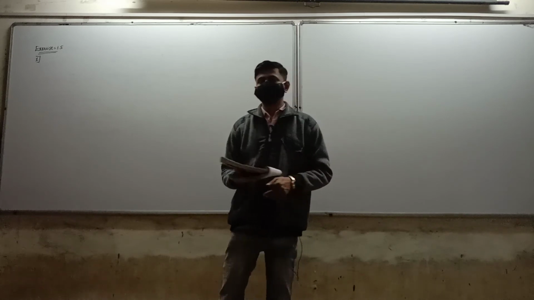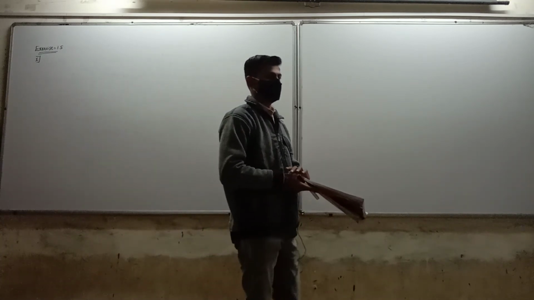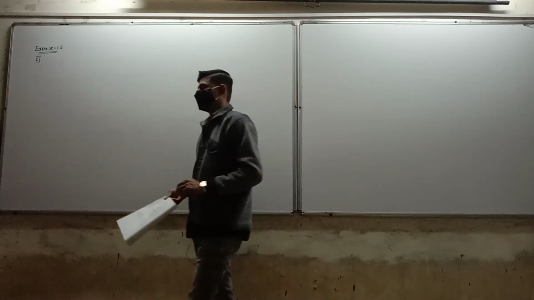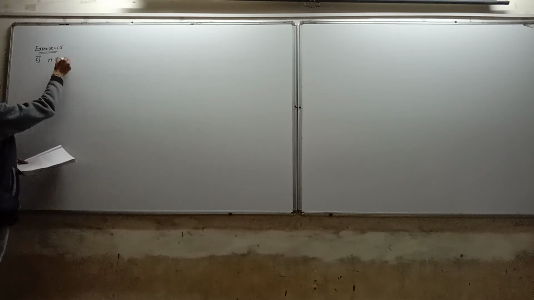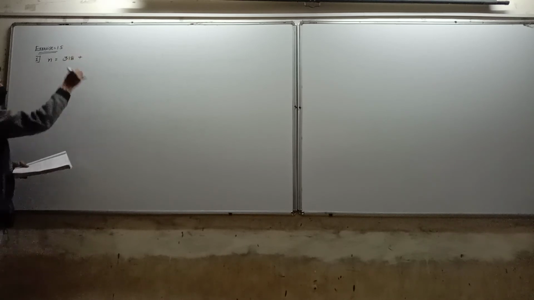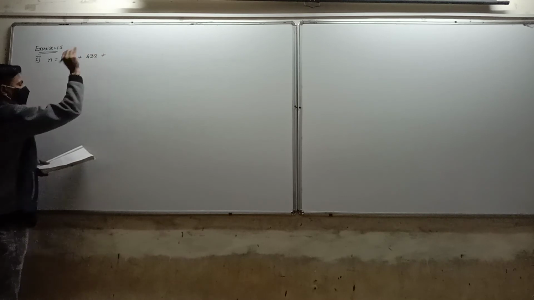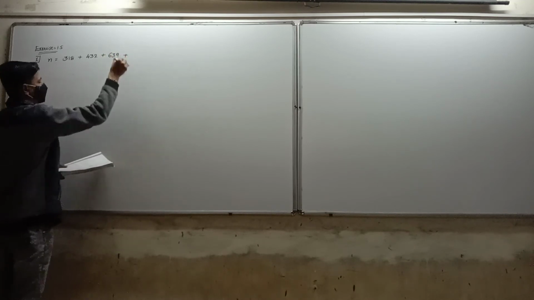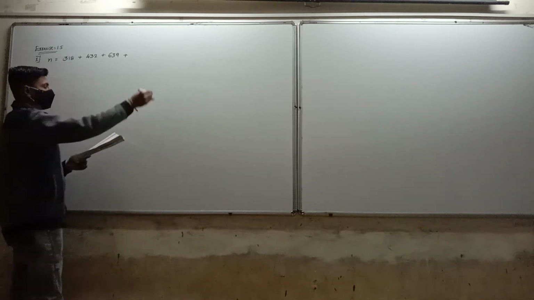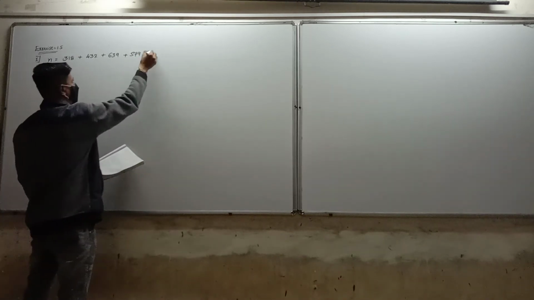Write down the total number of travelers in the sample: n is equal to 318 plus 432 plus 639 plus 579 plus 174.